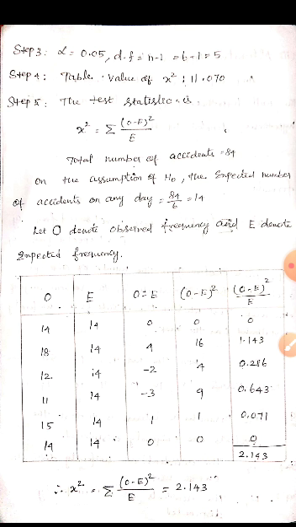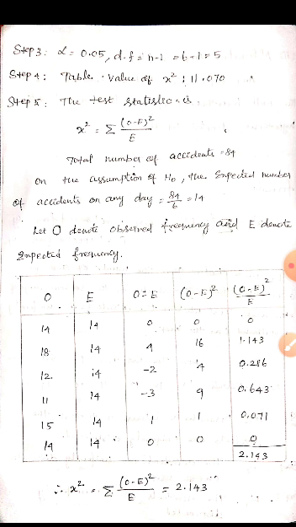The total frequency is 84. To find the expected frequency, just take the mean: 84 divided by 6 equals 14. So we have the expected frequency for all data.